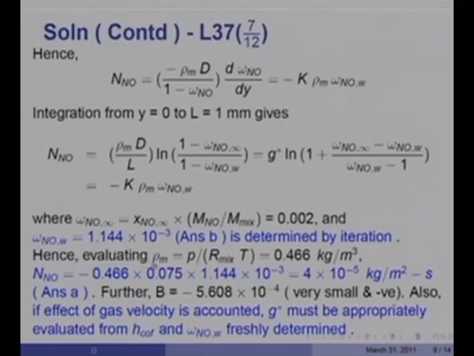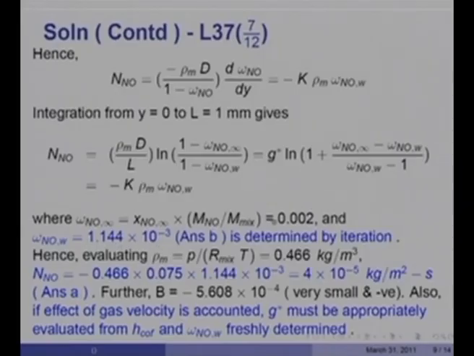Hence, the value of rho m, P over R mix T, will be 0.466 kg per meter cube. Remember, R mix will be 8314 divided by m mix, which is 30. In the infinity state, omega infinity is 0.002, and in the wall state it is 1.144 into 10 raised to minus 3.